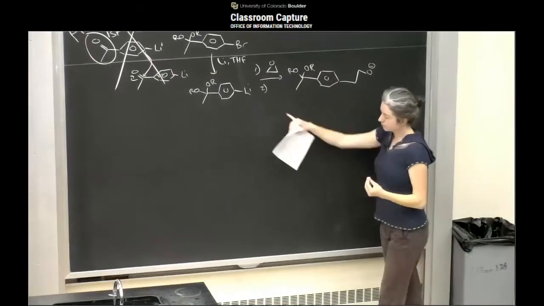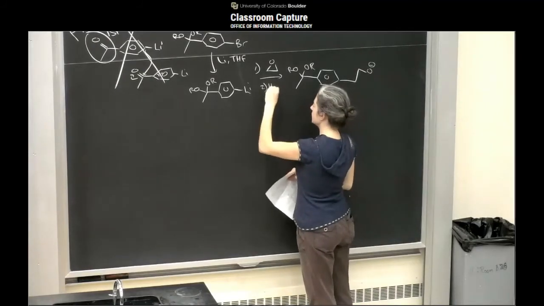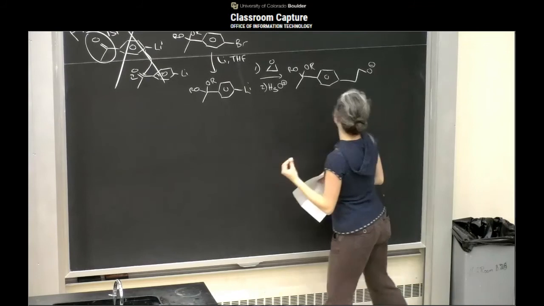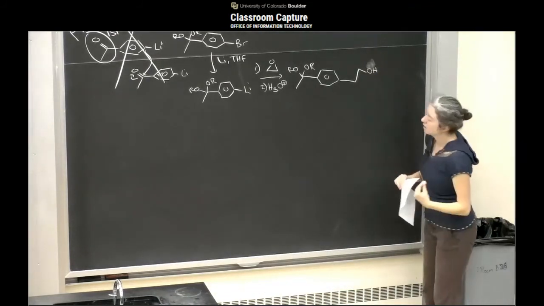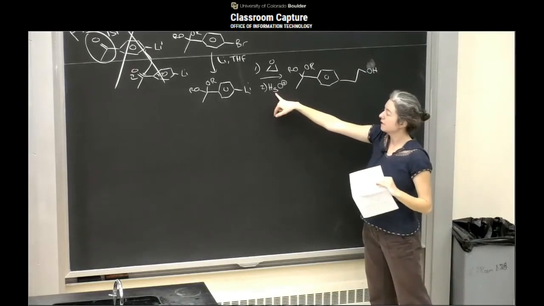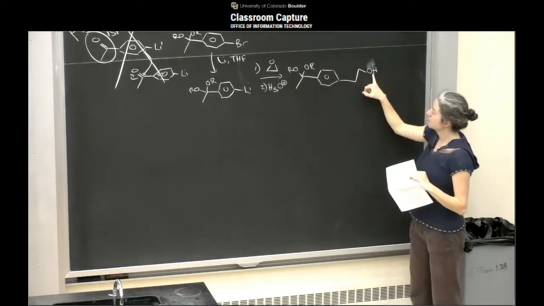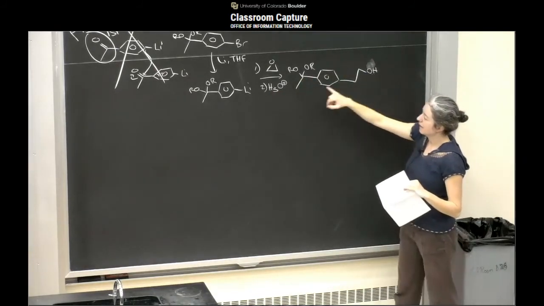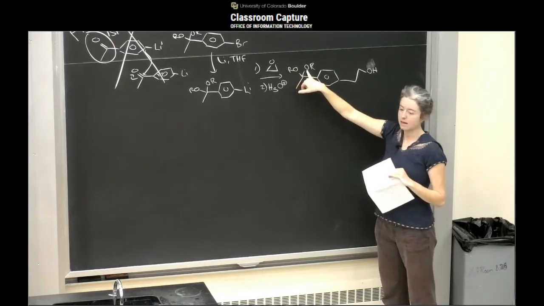And after that, we're used to doing a water workup of H3O plus, right? Which is just going to stick an H on there. Depending on how much you heat this up, you can get away with doing the water workup, sticking the H on here, and if you're quick about it, it won't actually hydrolyze your acetal.